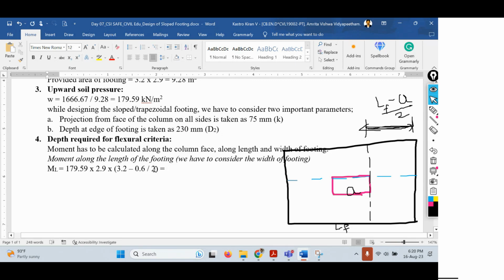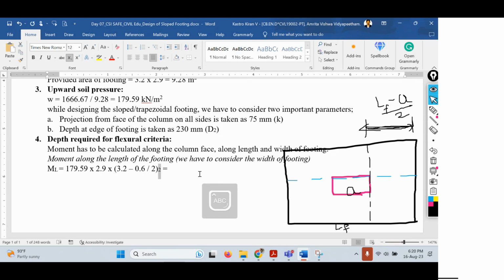That will become squared, L squared by 2. So the moment value will become 440.11 kilonewton meters. That is the moment along the length.